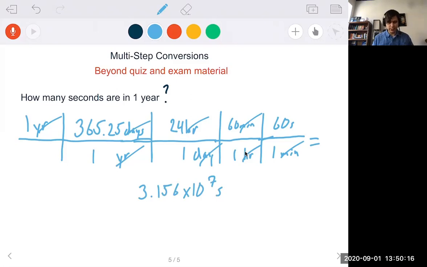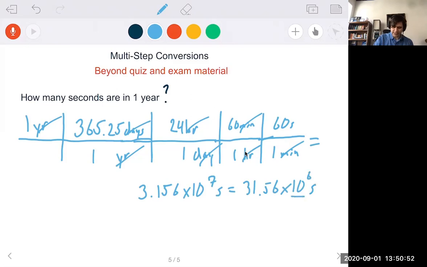Now I'm going to show you how you might want to say, oh, I don't want this in seconds. Let's use one of the prefixes. So 3.156 times 10 to the 7th seconds would be the same as 31.56. All I did, if I move this decimal place to the right one, then I would make this 7 one less, so it would be 31.56 times 10 to the 6th seconds.